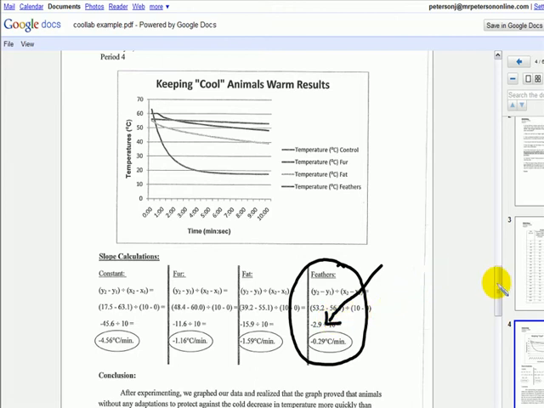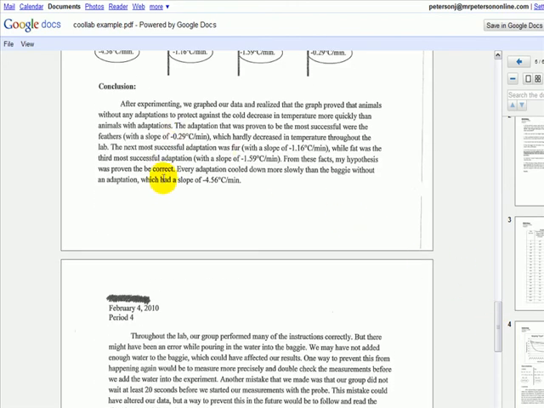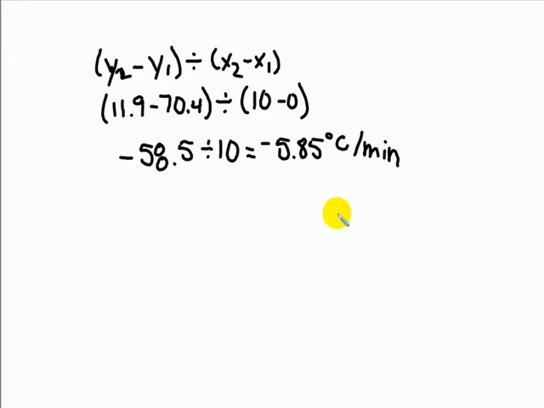And I can then use that information in my conclusion here to prove whether my hypothesis was correct or incorrect. So again, that's a really good way of helping you as far as calculating the slope of each of those lines.